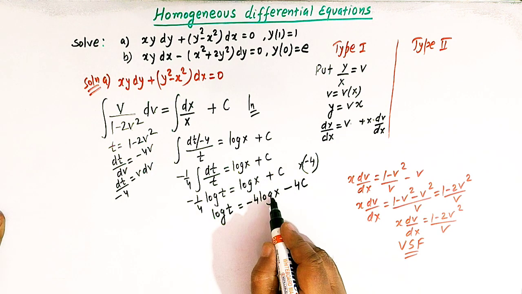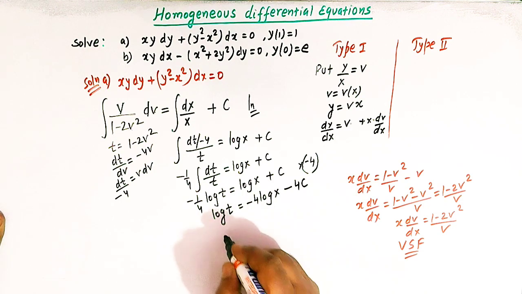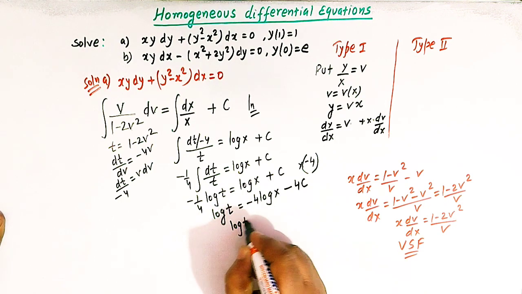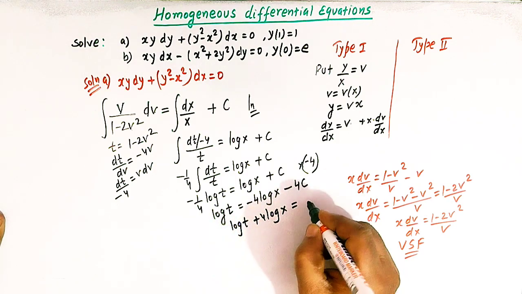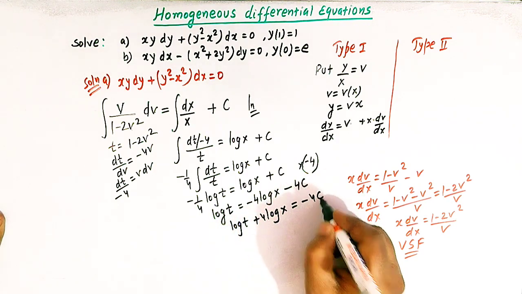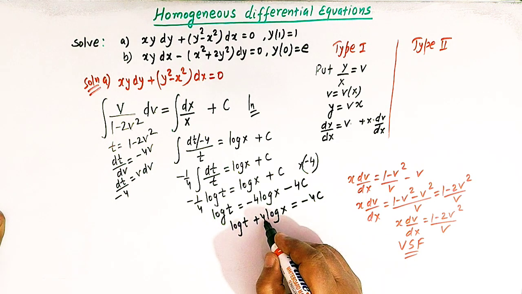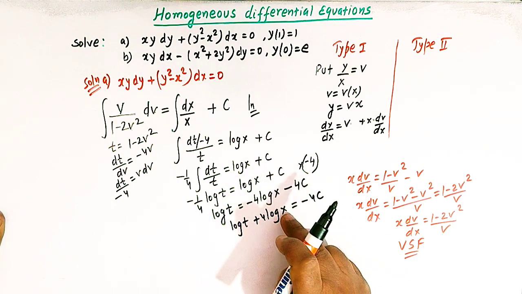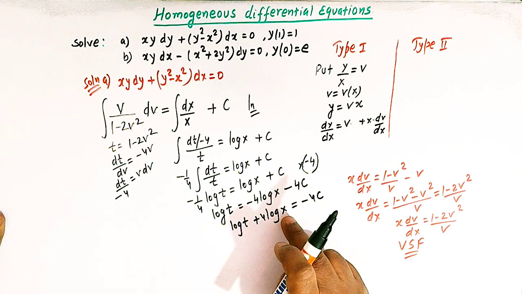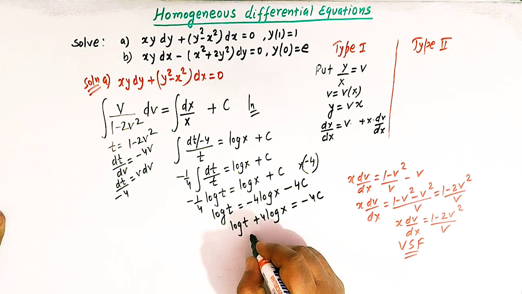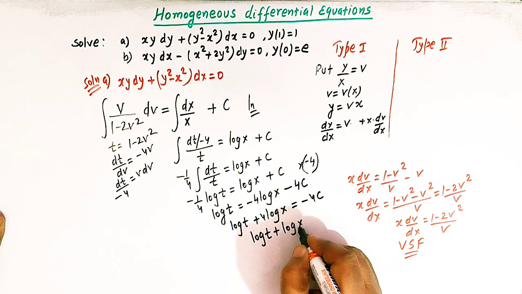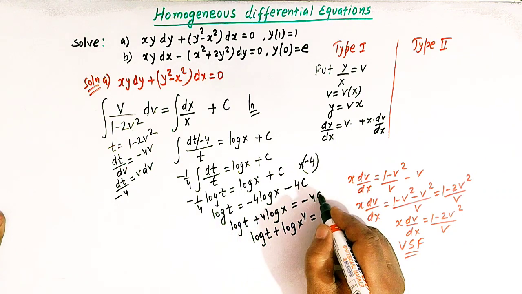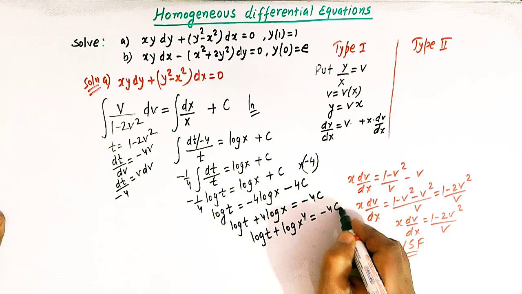So now taking this term to this side, we have log of t plus 4 log of x, and here we have minus 4 times c. So we can take this 4 to the power of x by using the properties of log. So we have log of t plus log of x raised to 4, and here we have minus 4c.